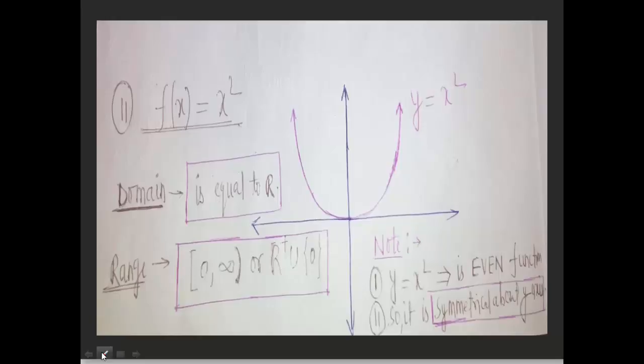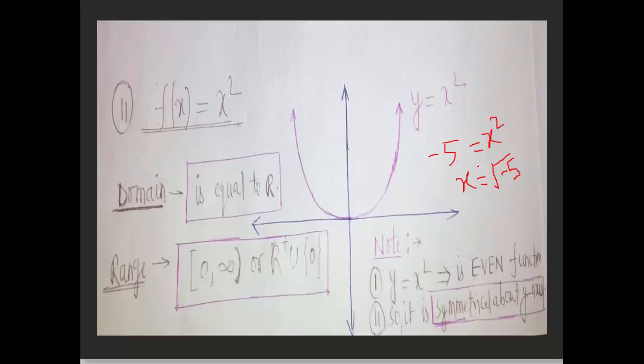Suppose you take y equal to -5. That means -5 equal to x square, or x equal to square root of -5.